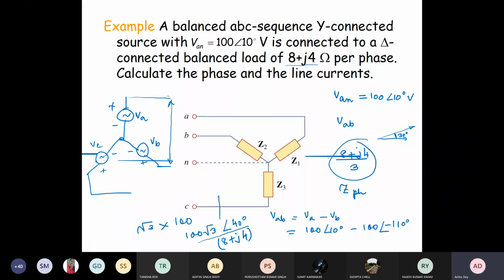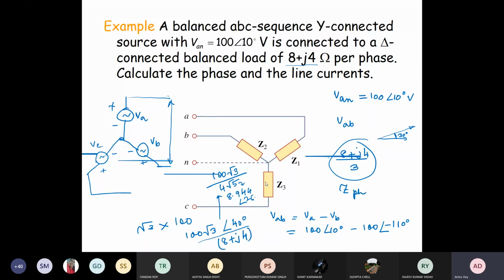This is 100 root 3, and the impedance magnitude is 4 square into 4 plus 1, so 4 root 5, which is 8.944. The angle is 26.5 degrees.